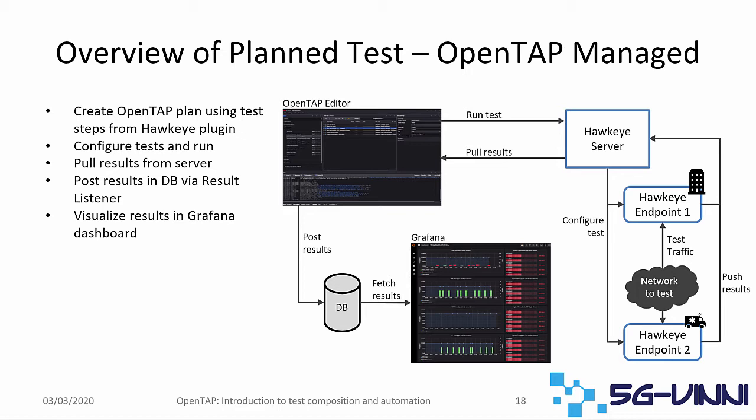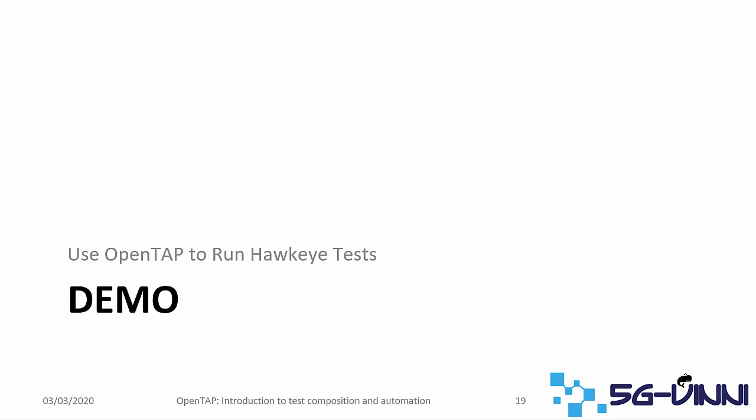And we have also created a Grafana dashboard that pulls data from the database and visualizes them as they come in. So we are ready to start composing the test plan. I will now switch to the OpenTAP editor and show the process of installing plugins, creating a test plan, configuring test steps, running the test, and presenting the results.